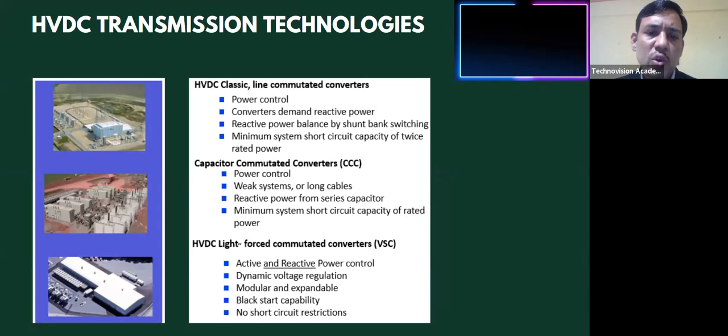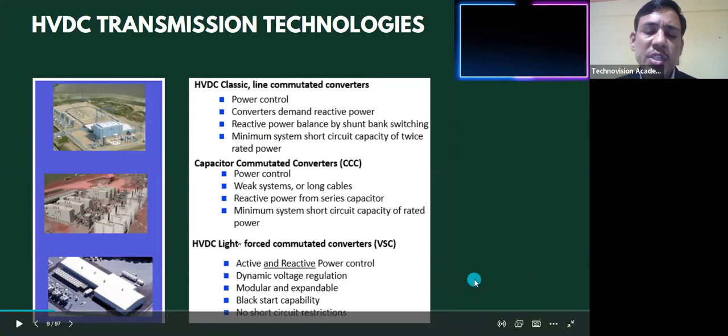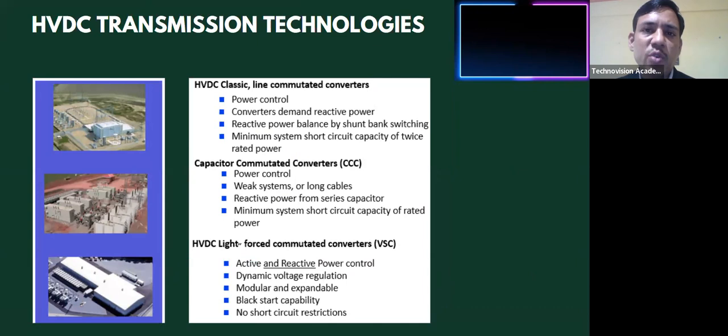That is power control, and based on the short circuit ratio, which technology should be preferred. Especially for HVDC Light or VSC HVDC, the biggest advantage is that we can independently control active and reactive power, which is not possible in conventional HVDC.